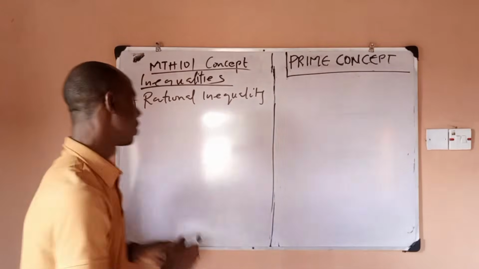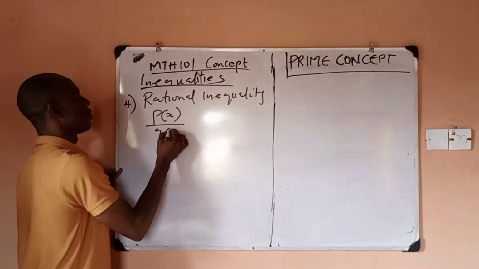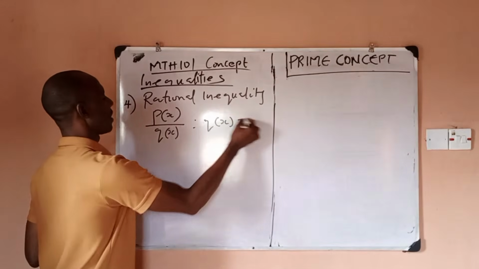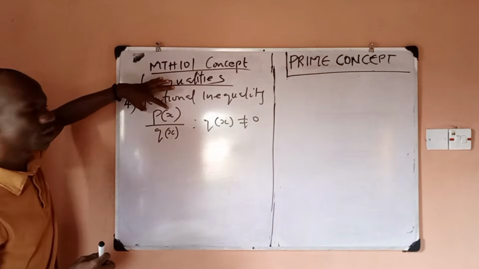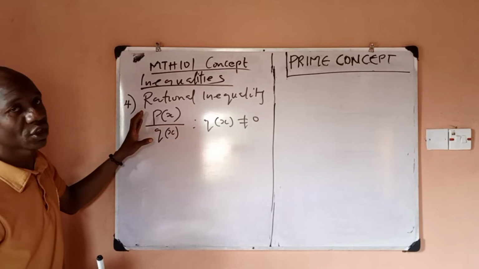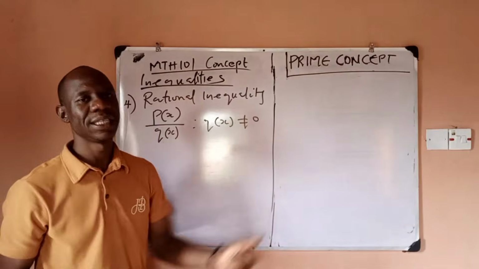A rational function is usually of the form P of x over Q of x, where Q of x is not 0. So a rational function is numerator and denominator. Anytime you have a rational function that has an inequality, you call that rational inequality.